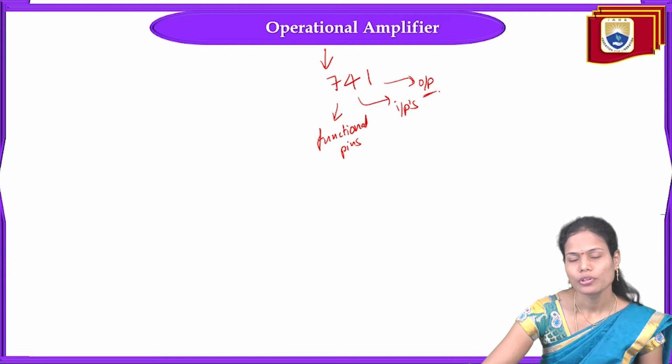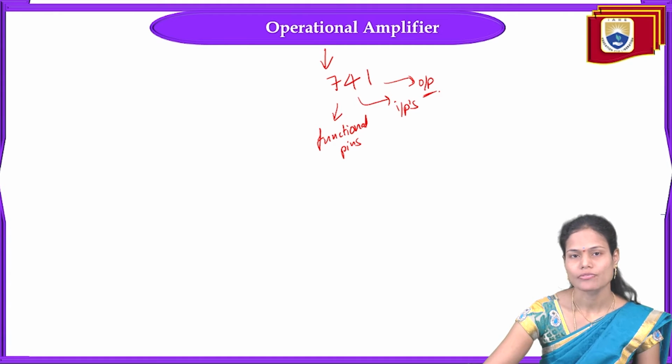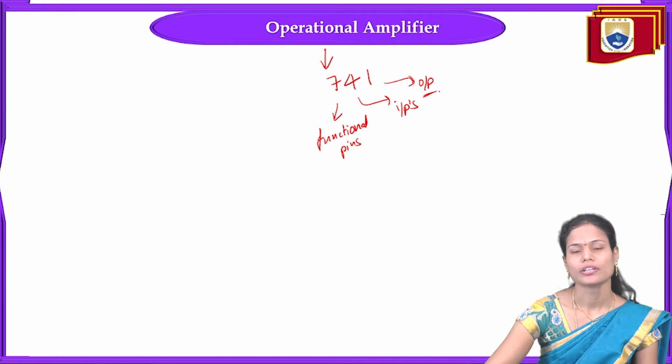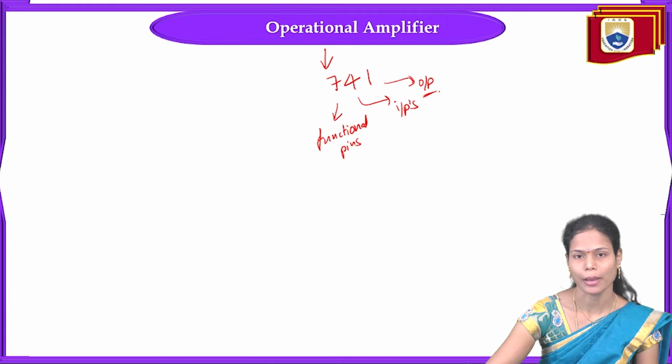It can amplify both AC as well as DC signals, and it can amplify all ranges of frequency signals from 0 to some megahertz range. In the internal circuit of the operational amplifier, we utilize different configurations of the differential amplifier.